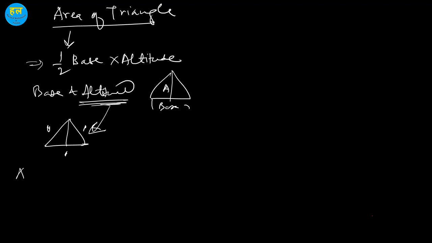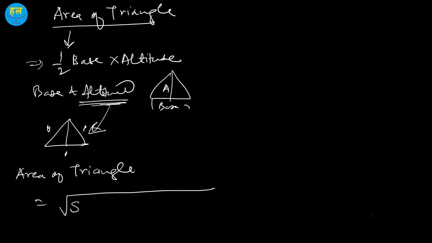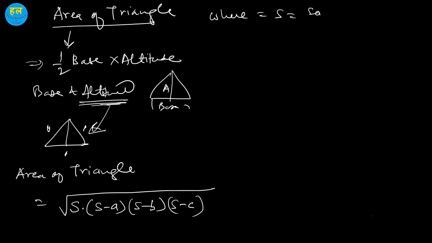According to this formula, area of triangle is equal to under root of s into bracket s minus a, bracket s minus b, bracket s minus c, where s is the semi-perimeter of the triangle, and a, b and c are the sides of the triangle.